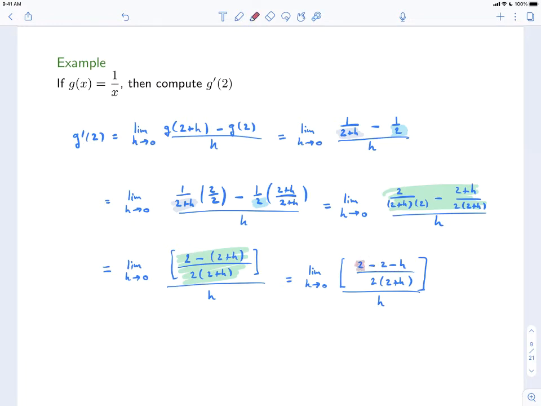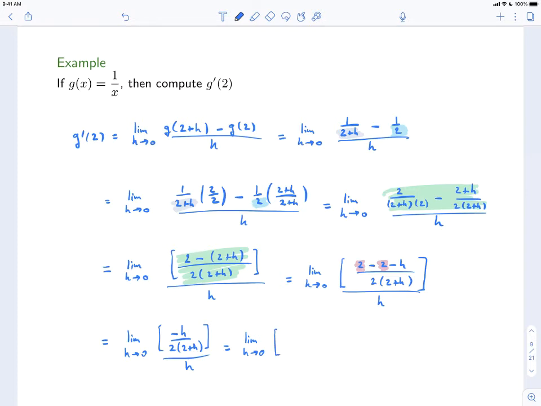So this 2 cancels with that 2. And what do we have? We have the limit as h goes to 0 of minus h divided by 2 times 2 plus h, and this quantity is divided by h. So dividing by this h is the same as multiplying by its reciprocal.